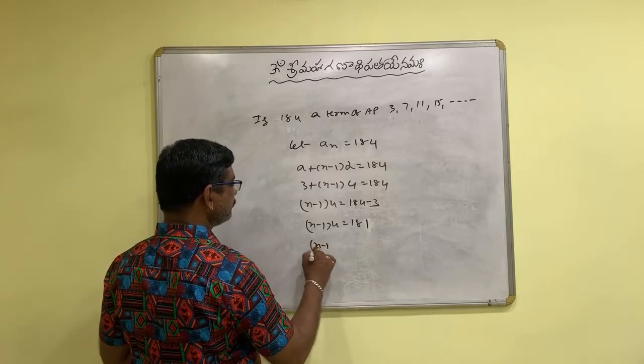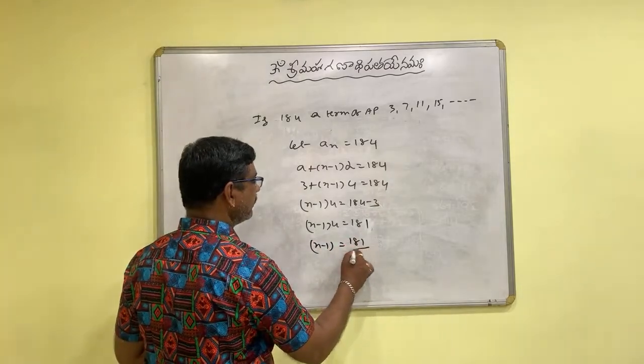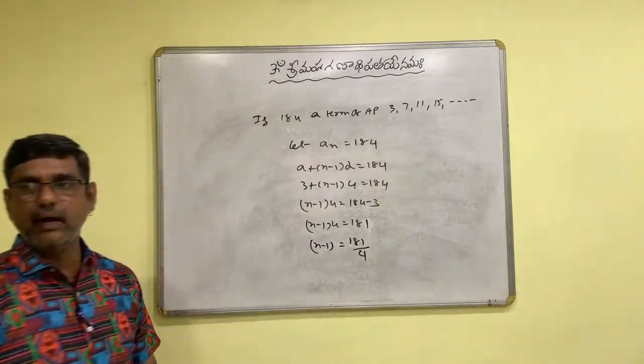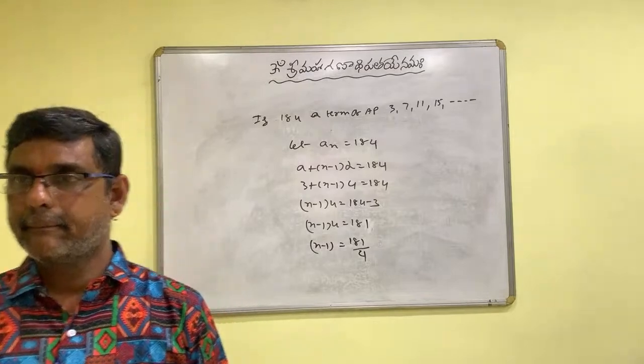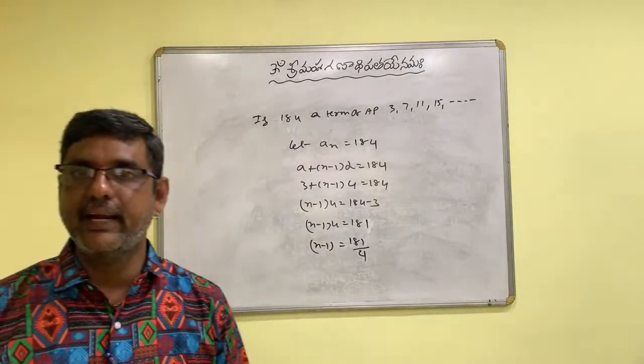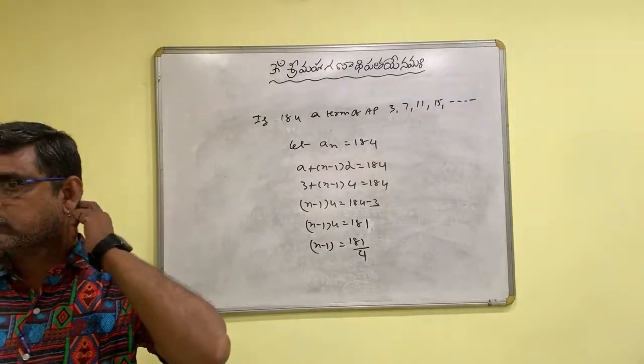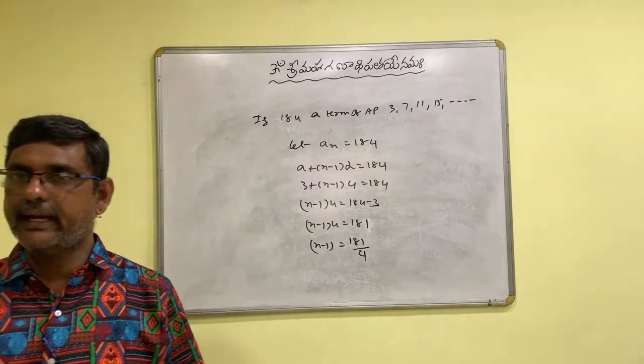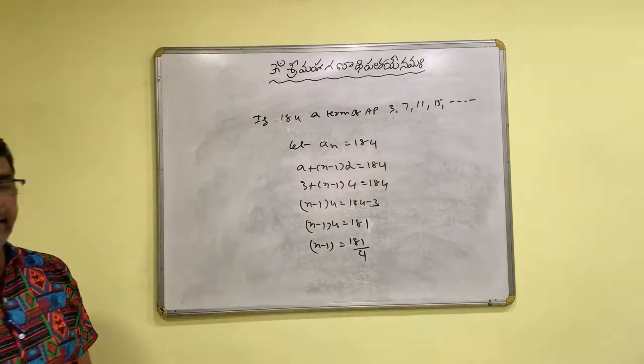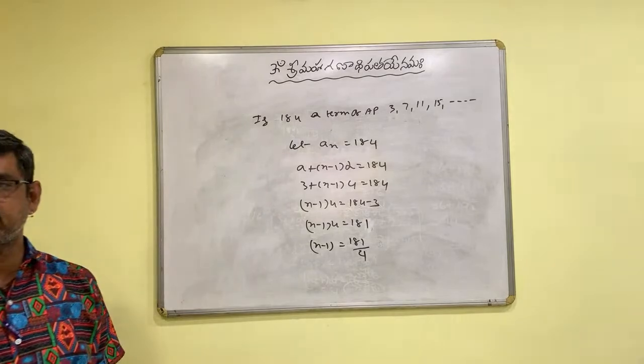So n minus 1 is equal to 181 by 4. What is 181 by 4? Can anyone say?